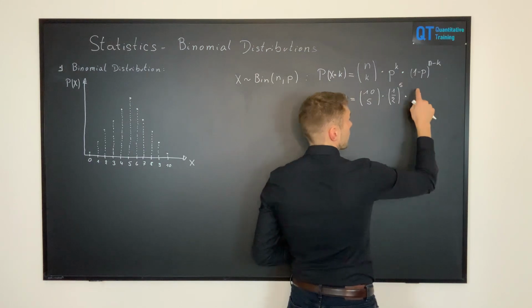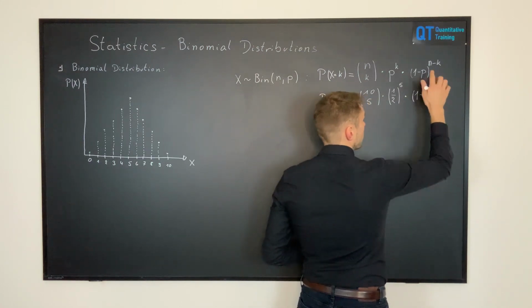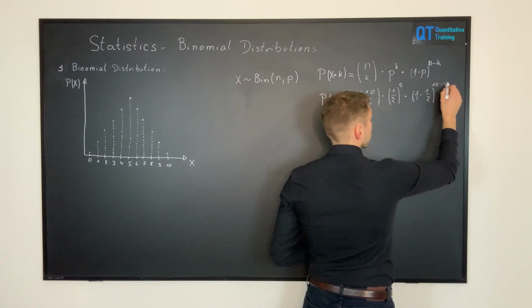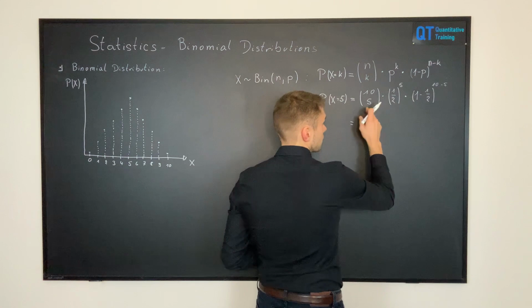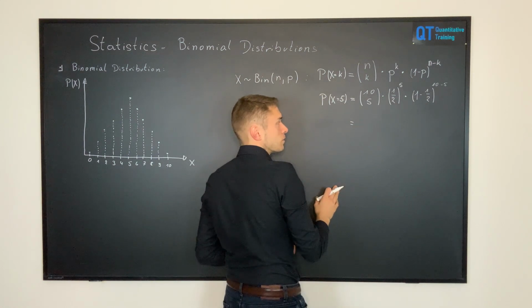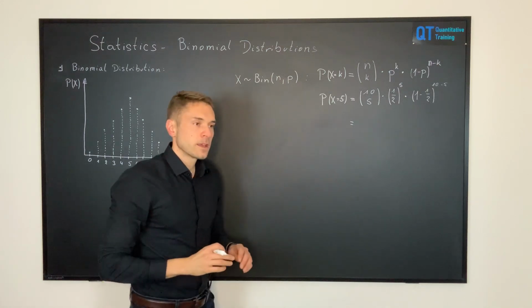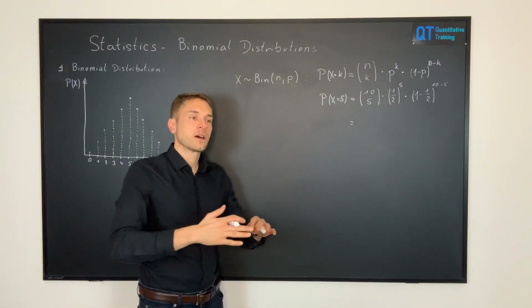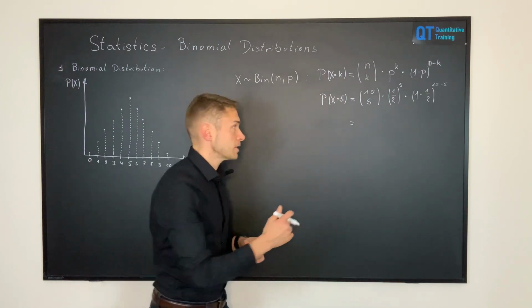That you multiply by 1 minus 1/2 to the power 10 minus 5. And basically this here is the binomial coefficient, which tells us all the combinations to obtain 5 times success when you flip a coin 10 times.